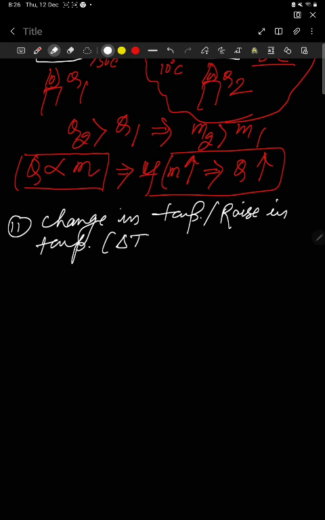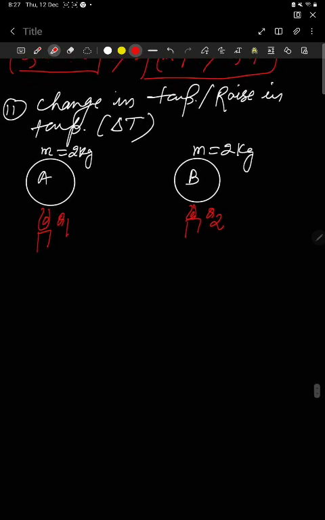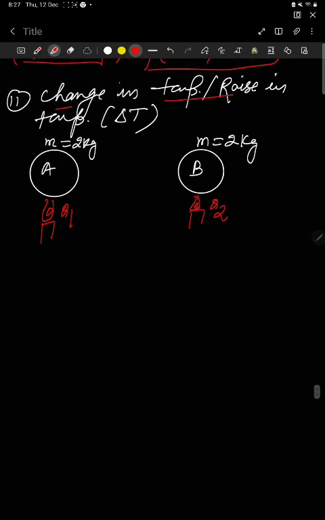That one is called delta T. So suppose we now have two balls, and these two balls have the same mass, 2 kg, and this ball B also has mass 2 kg. And these are metal balls of the same material. Suppose this one is made up of iron, and this one is also made up of iron. So two identical balls of same mass and same material.